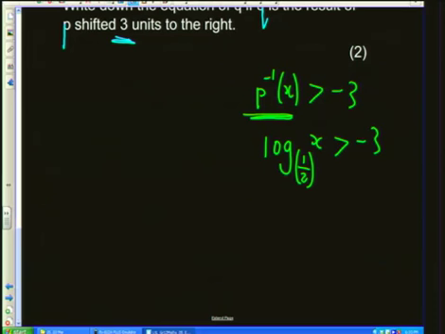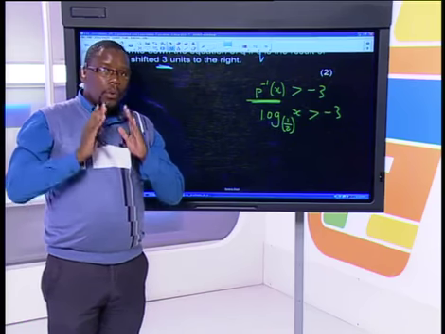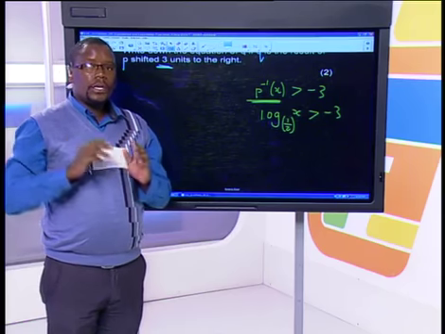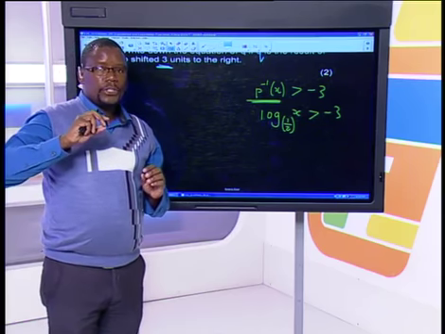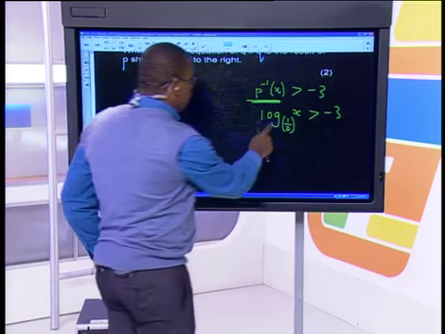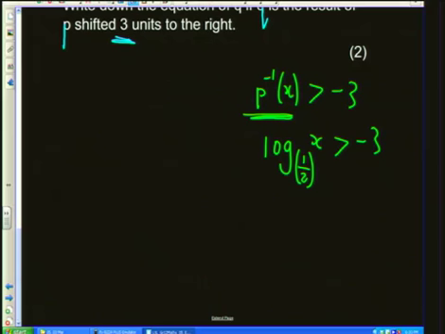Now, remember, with your logs, you can change from logarithms to exponential form, and vice versa. So if I take this to exponential form, I'm going to have (1/2) to the exponent minus 3 greater than x.